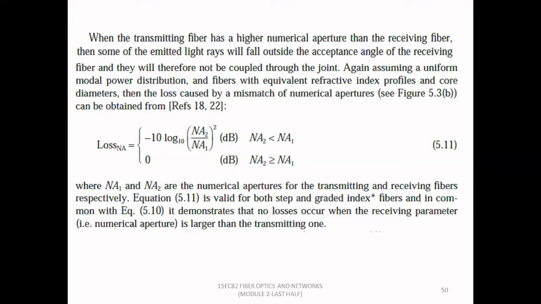Equation 5.11 is valid for both step index and graded index fibers, and it is common with equation 5.10. It demonstrates that no losses occur when the receiving parameter, that is numerical aperture, is larger than the transmitting one.